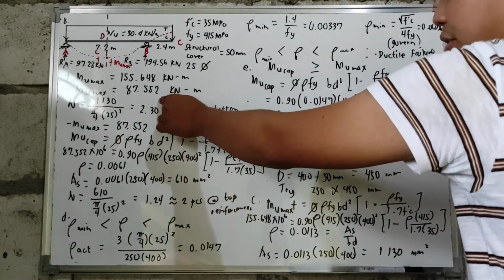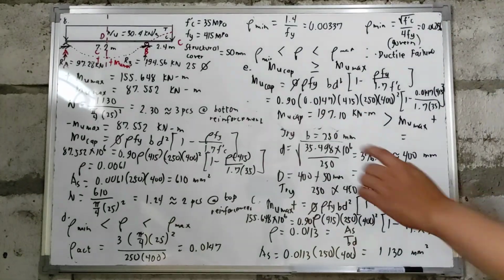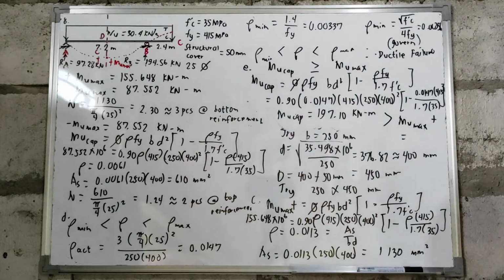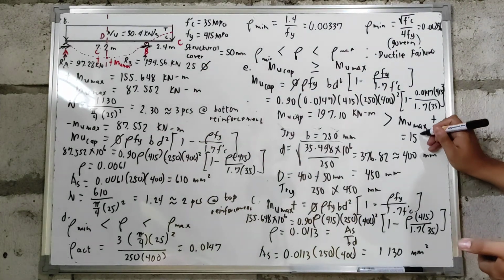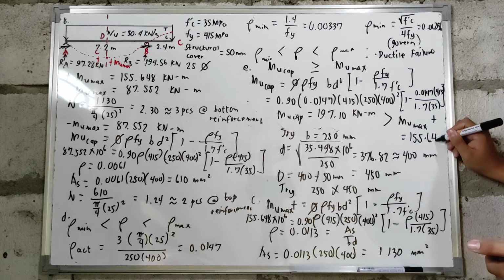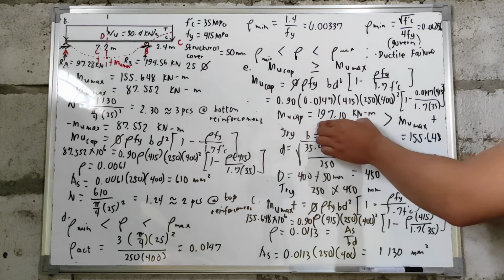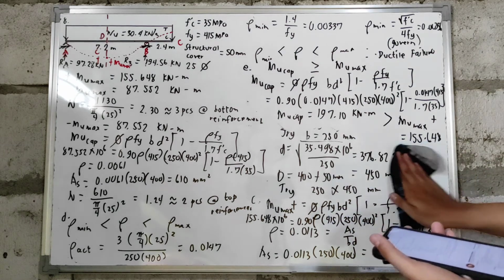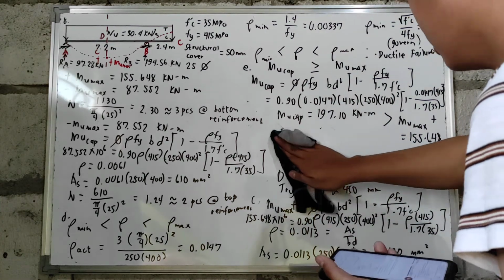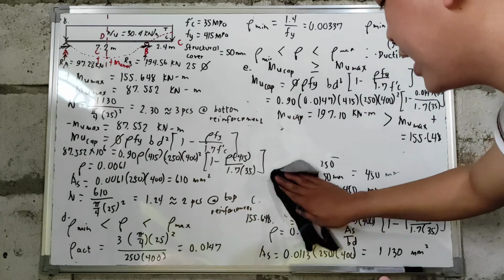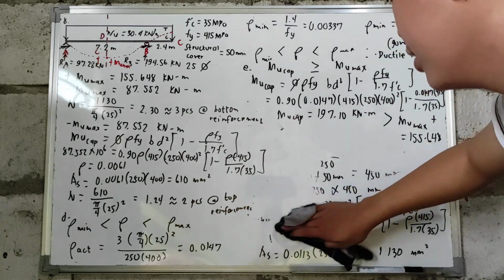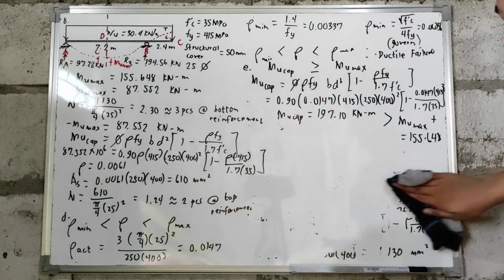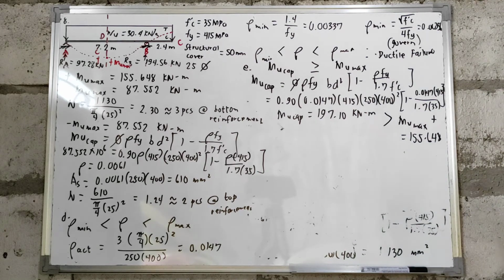So kung mas mataas yung negative moment, yun yung pagko-compare natin. Kaso nga lang, yung highest moment natin dito is 155.648. Since mas mataas yung capacity ng beam natin compared dun sa Mu max natin, or dun sa maximum moment applied to our beam, so we can now say na safe in flexure yung beam natin.